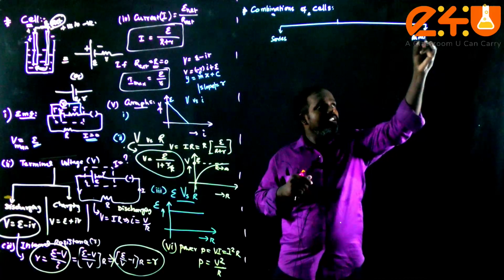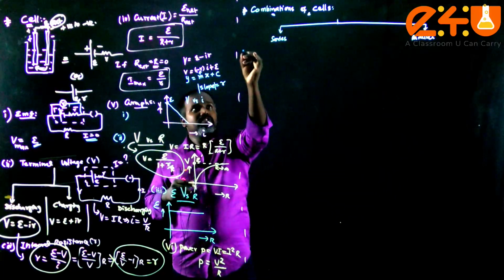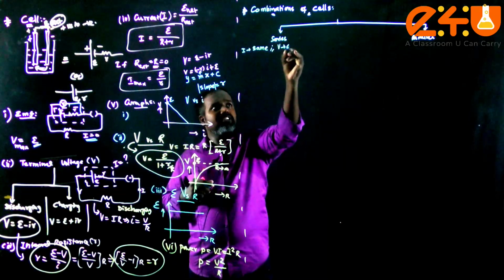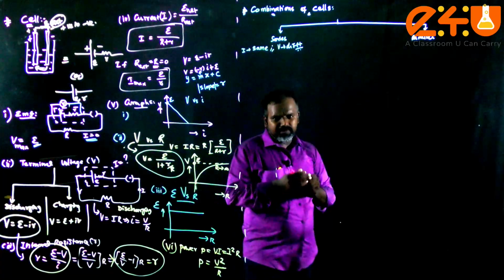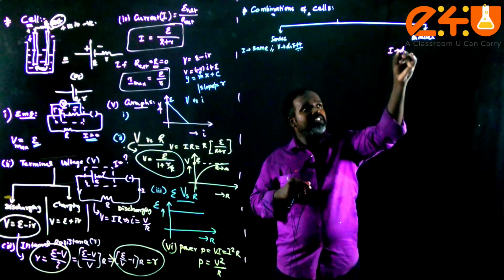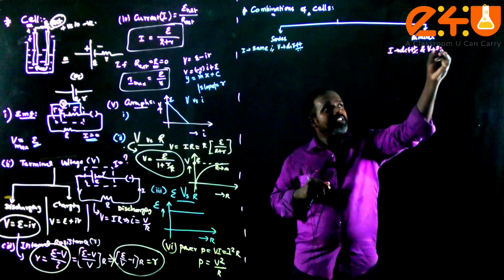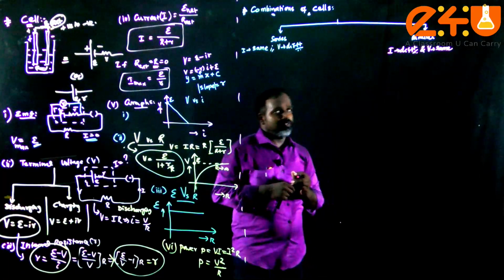As we said earlier, in series I will be the same, V will be different, the terminal voltage will be different. But in parallel, I will be different, and V will be the same. So this is the general set of conditions we get.